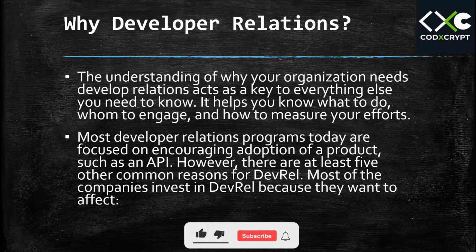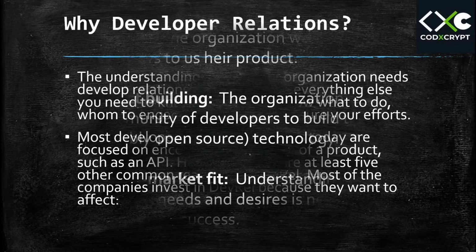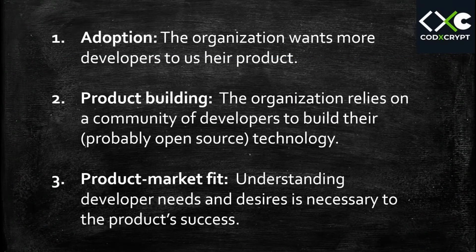Establishing a developer relationship helps in various aspects that contribute towards the betterment of an organization. Number one, adoption. The basic agenda behind adoption is that the company wants more developers to use their product and come up with new ideas and technologies. Number two is product building.